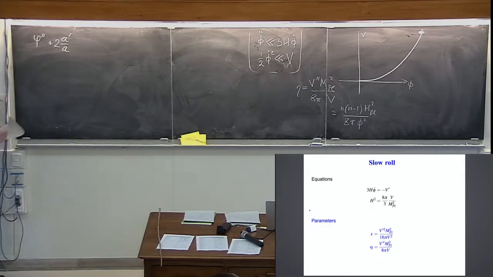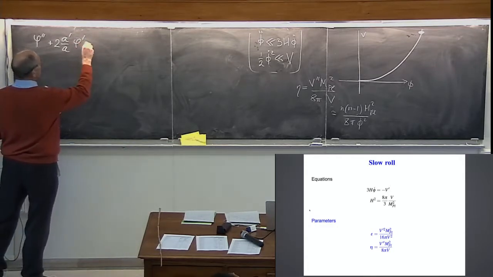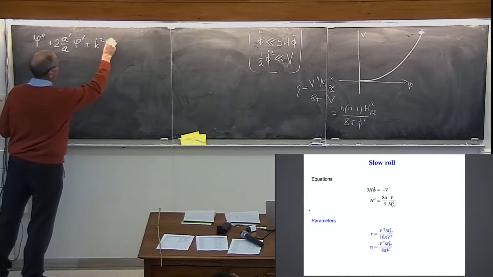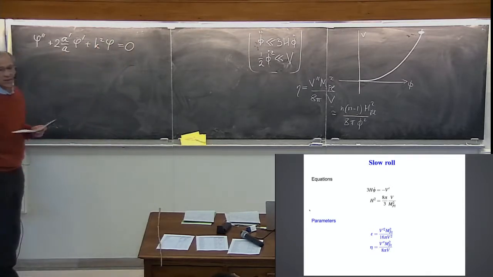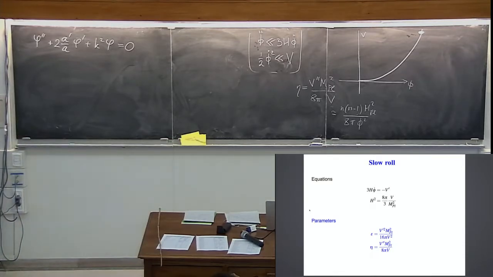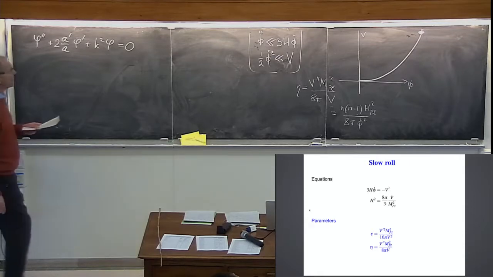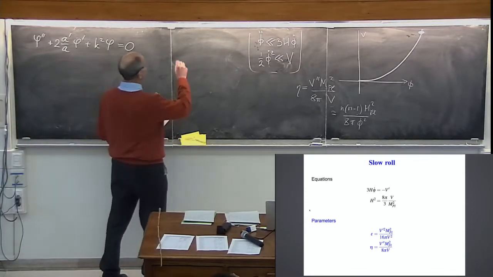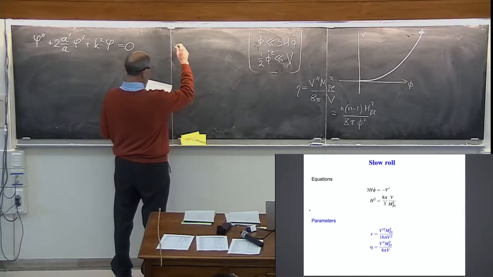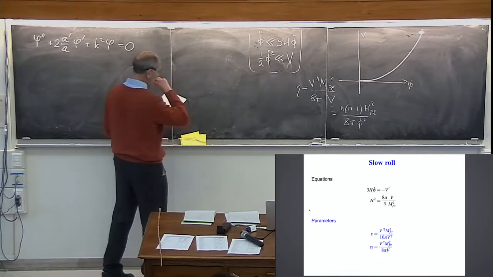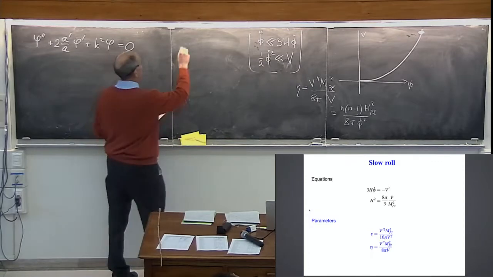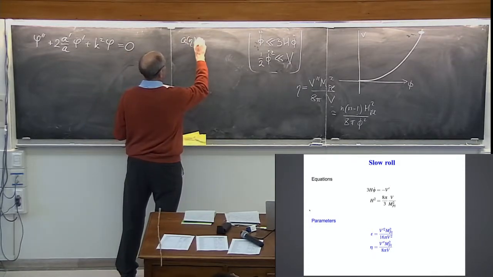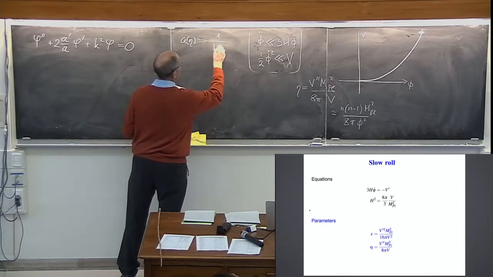conformal time. So this is the equation plus k squared phi. We used this equation already when we discussed gravitational waves, remember. Prime denotes the derivative with respect to eta, and we know that for an exponentially expanding universe, a of eta is minus 1 over H eta.